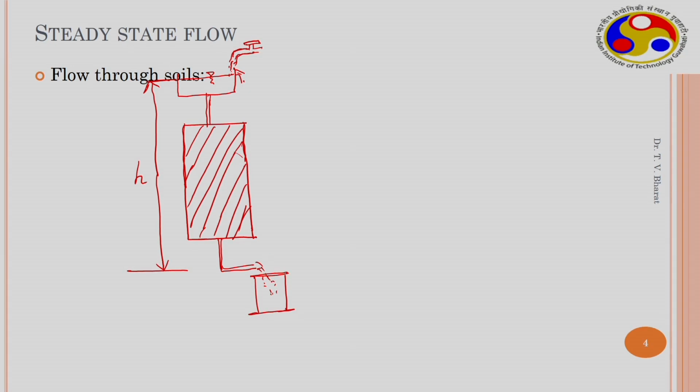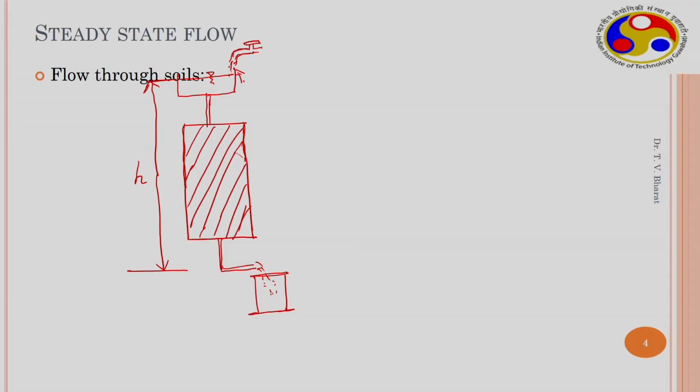Now this is a steady state experiment where the volumetric water flux coming out is time invariant, it does not change with time. Moreover, if I connect manometers at different depths within the soil sample, what I can observe is that the head is higher in this particular manometer and the head is smaller and smaller after that.